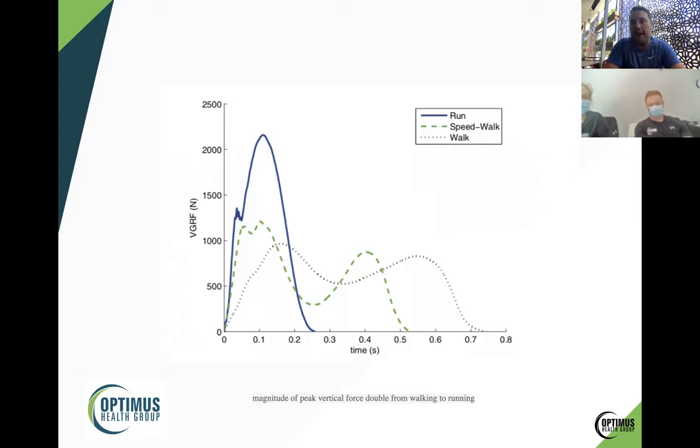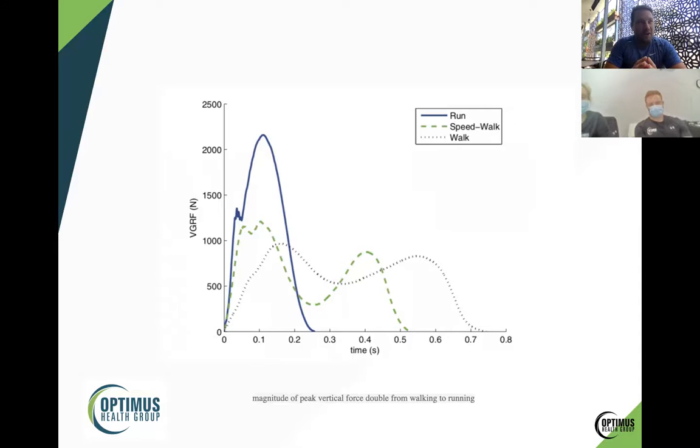So we have to be detail oriented, objective measures based and evidence based, to give our clients and patients who have had ACL recos the best possible opportunity to heal and gradually progress through to that 2,000 units of vertical ground reaction force.